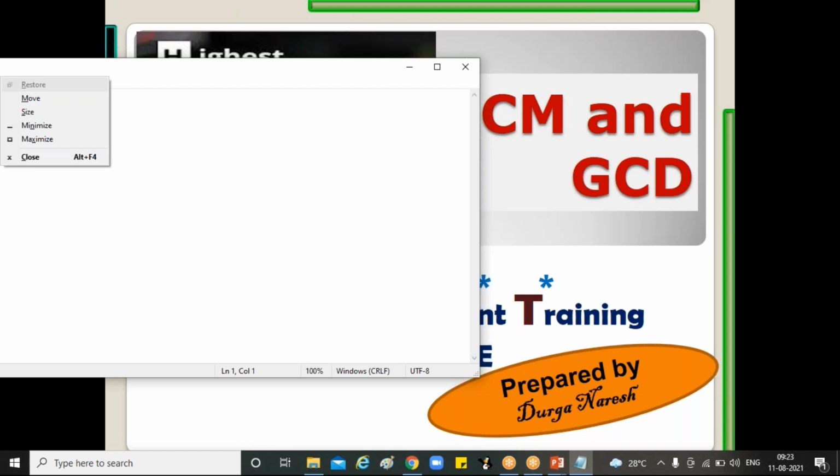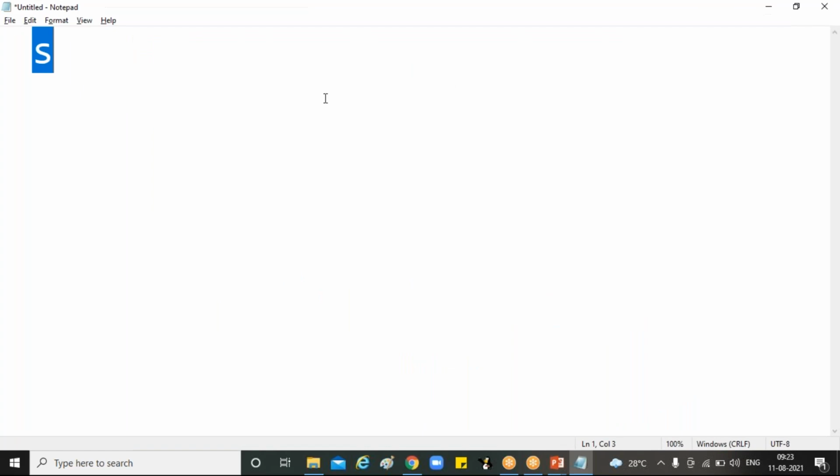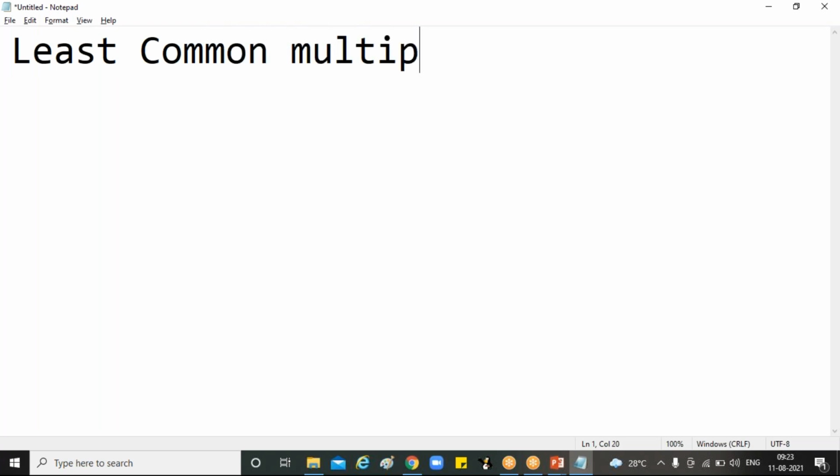GCD means greatest common divisor. So please understand the basics first of all, because for AMCAT it is the most important topic.